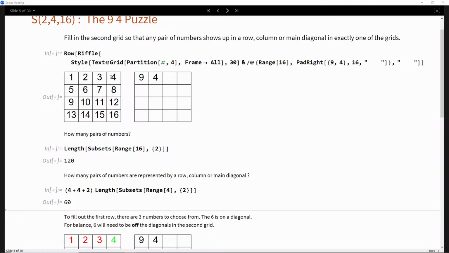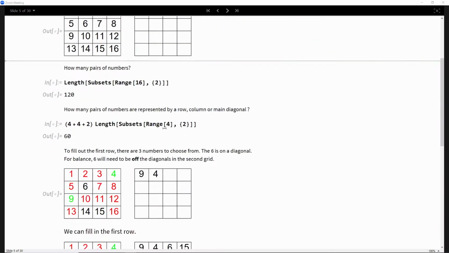For example, all the subsets of 1, 2, 3, 4: 1, 2, 2, 3, 3, 4, 1, 3, 2, 4, and 1, 4. Those 6 are covered in this first row, and similarly, all the other 60 combinations of pairs you can get from this first square, you can redo the second square so that none of those pairs are in the second square.